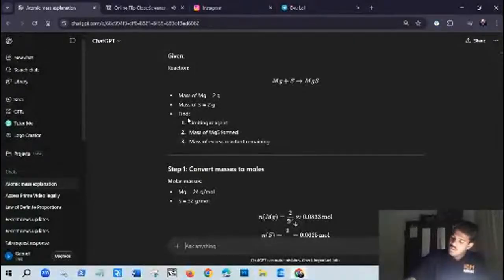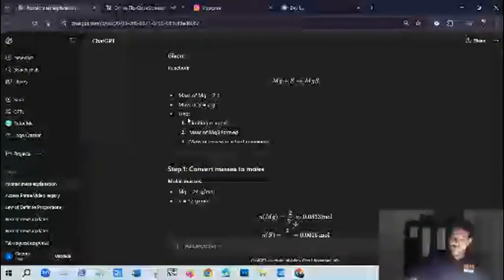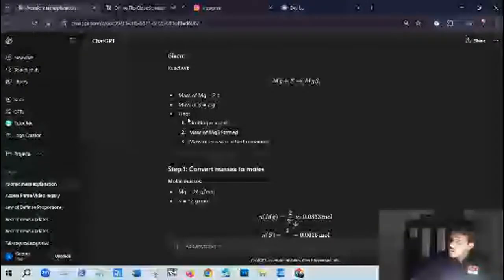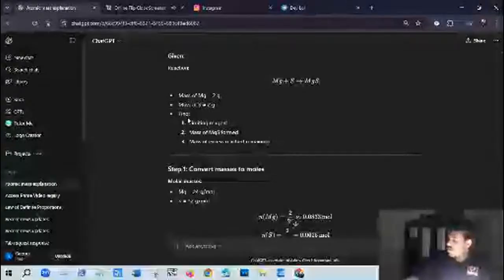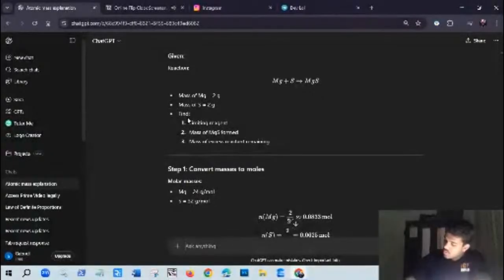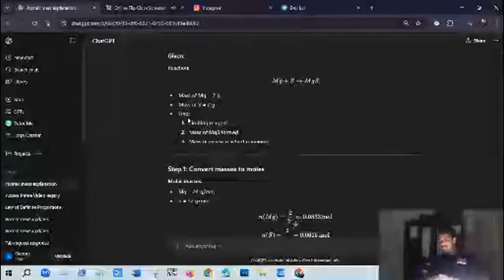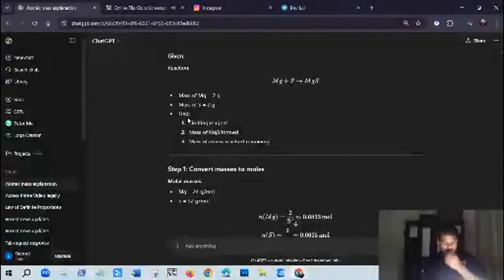Converting into moles: Mg is 2 by 24, which is 0.08. S is 2 by 32, which is 0.06. Therefore, the limiting reagent is S.